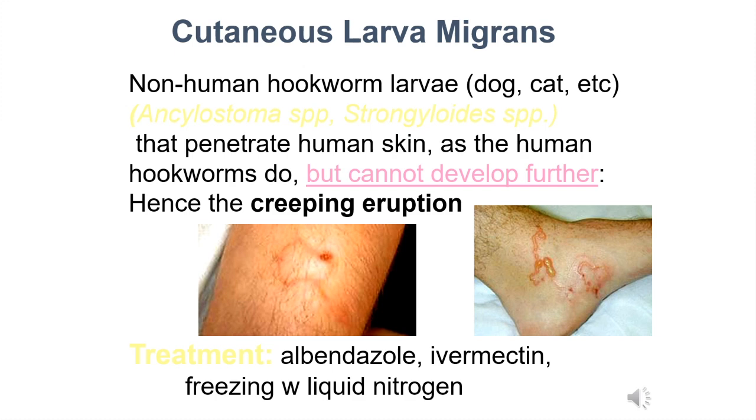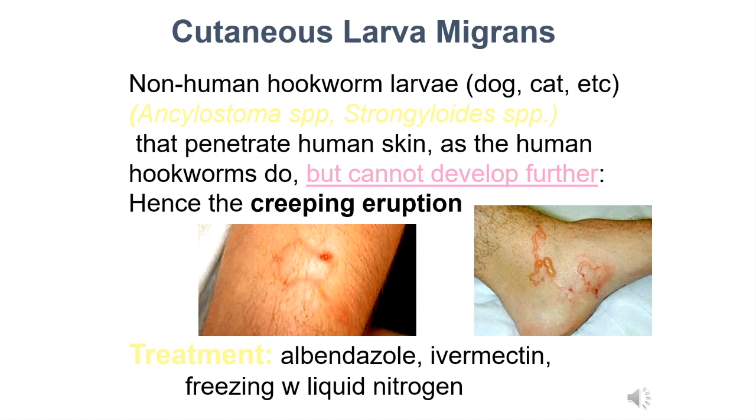Cutaneous larva migrans. I think that you can guess it now. Here we have the larvae of non-human parasites, like Ancylostoma species other than Ancylostoma duodenale, and Strongyloides species other than Strongyloides stercoralis. Those are animal parasites. So when the filariform larva of those animal parasites on the ground penetrates the skin of humans, it does not know how to find the blood vessel and go into the circulation like the hookworms do.